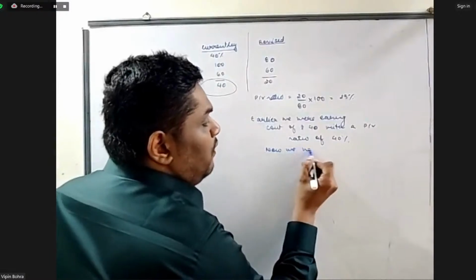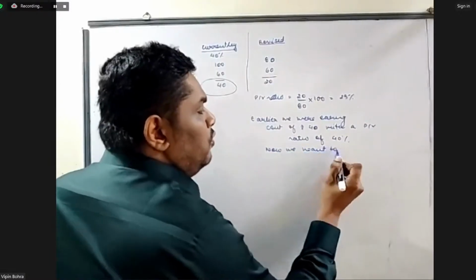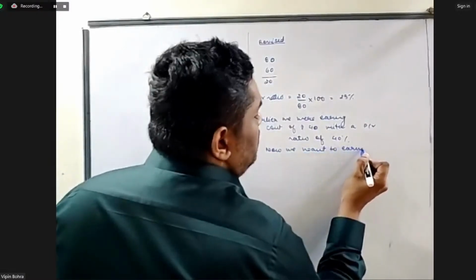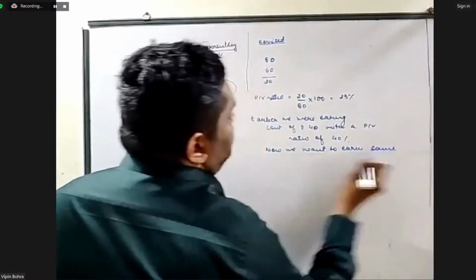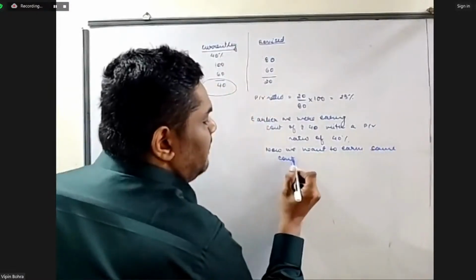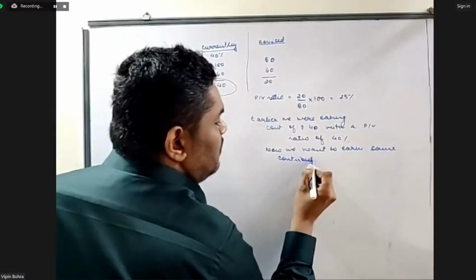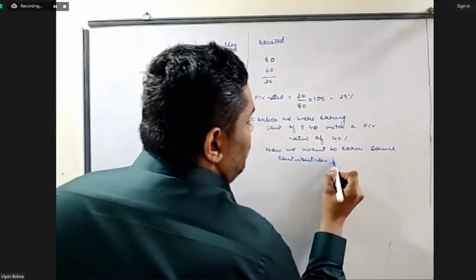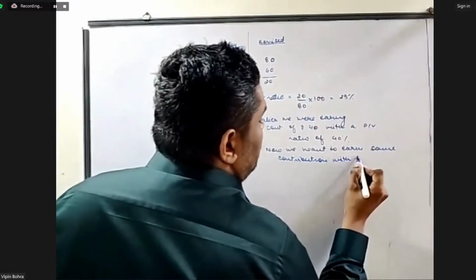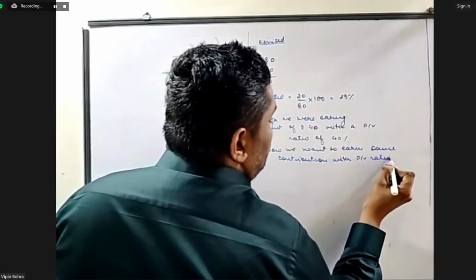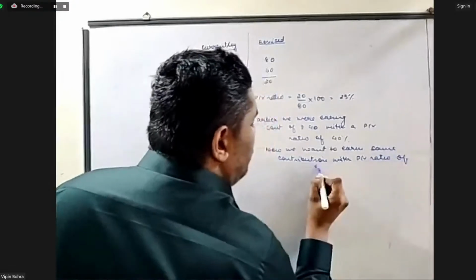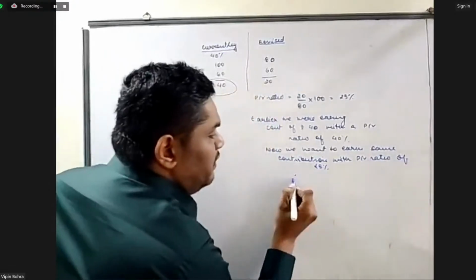Now we want to earn the same contribution with a PV ratio of 25%.